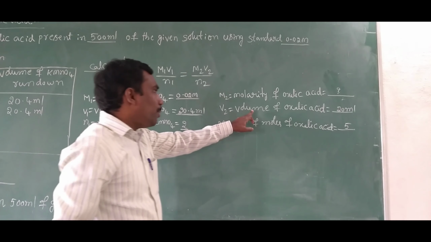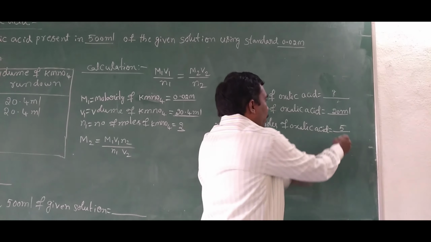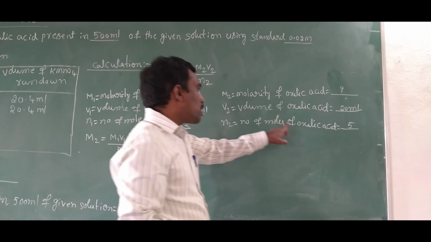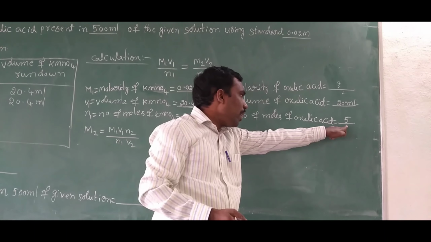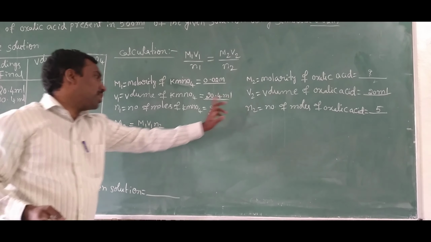V2 means volume of oxalic acid. We have taken it in a conical flask with the help of a pipette, that is 20 ml. N2 means number of moles of oxalic acid. It is equal to 5. This value is obtained after balancing the chemical reaction.